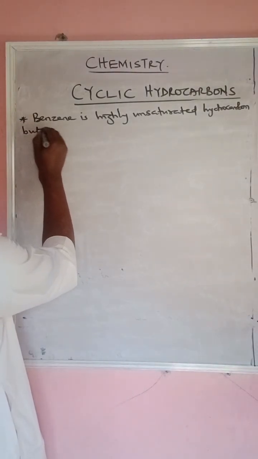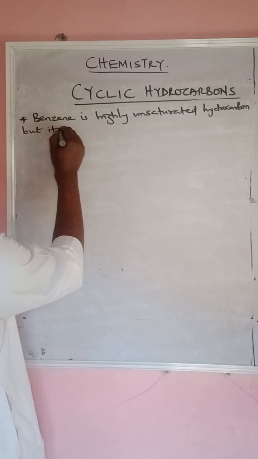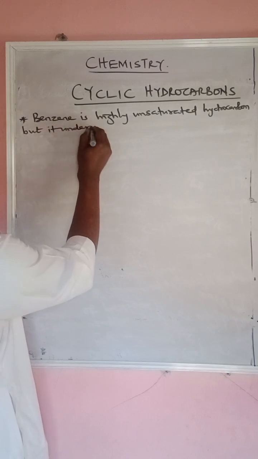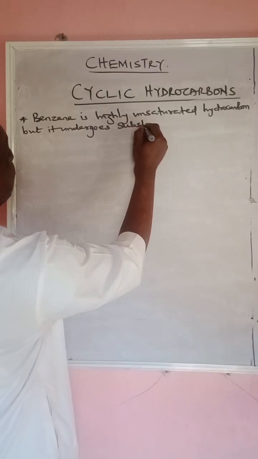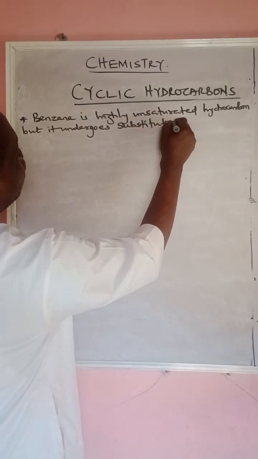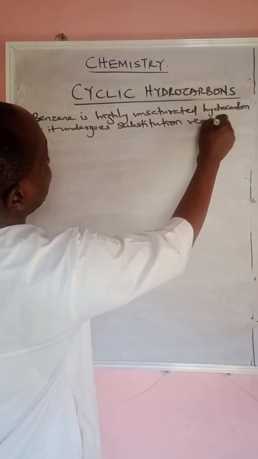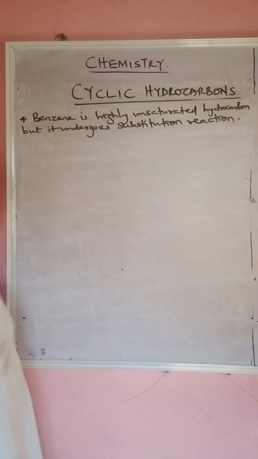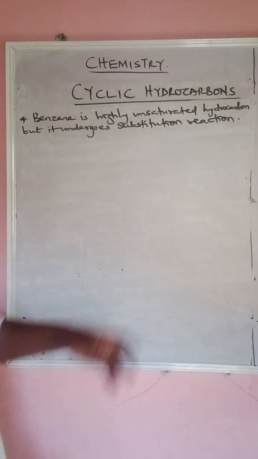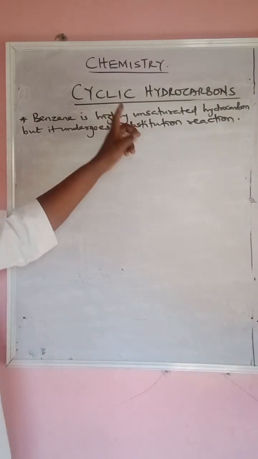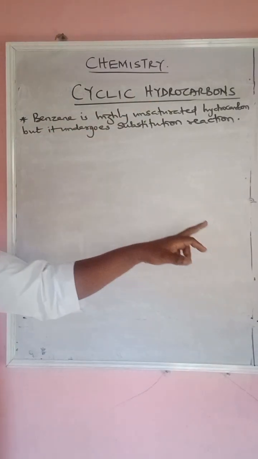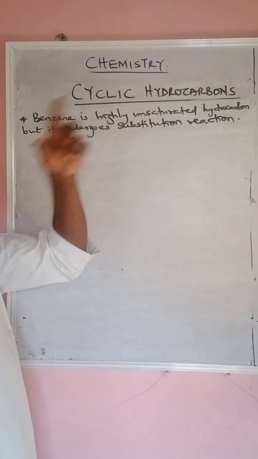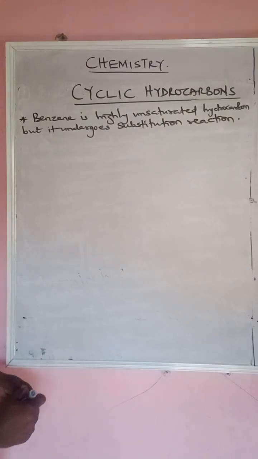But it undergoes substitution reaction. We said substitution reaction is undergone by saturated hydrocarbon, but this one is unsaturated, but it can undergo substitution reaction. So please take note of that.